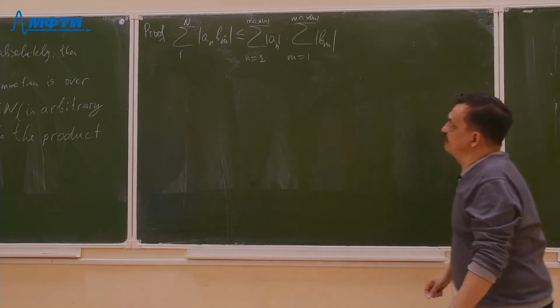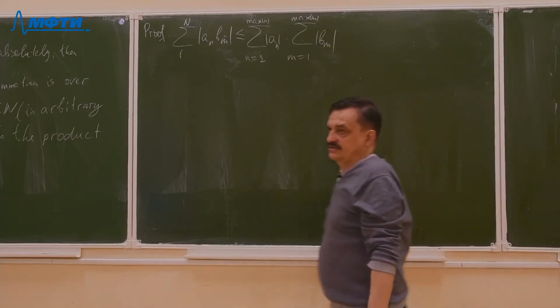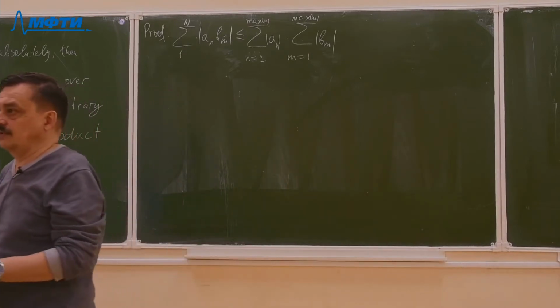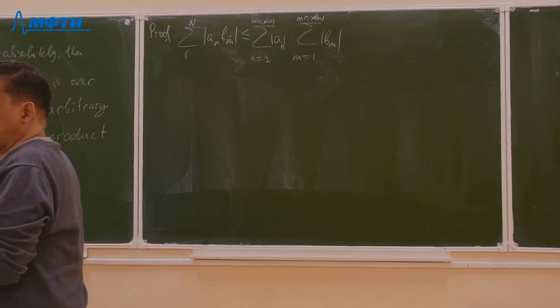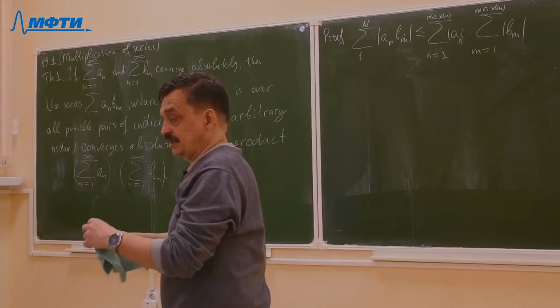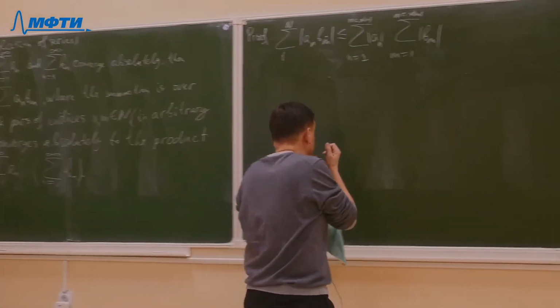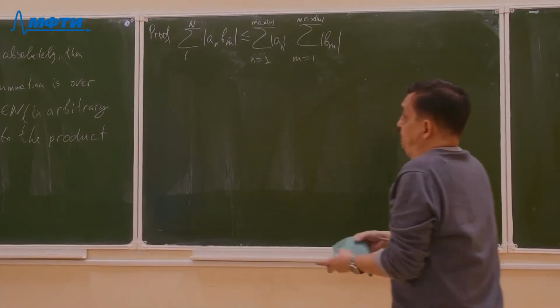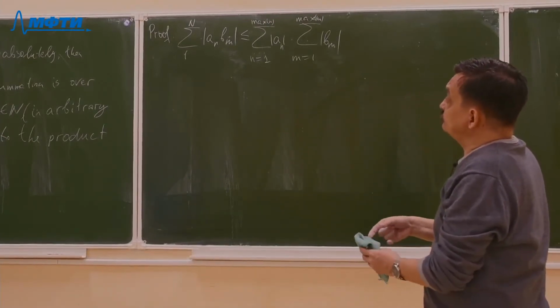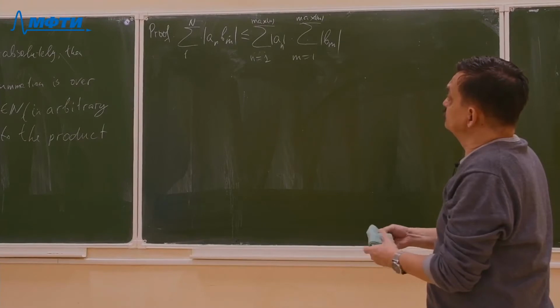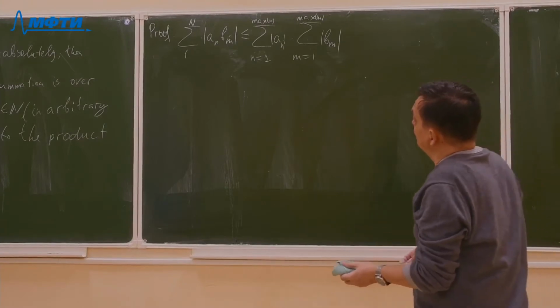What do I mean by max n and max m? The question about conditional convergence I will answer a little bit later. For a while, only absolute. So, you see, what is maximum n?